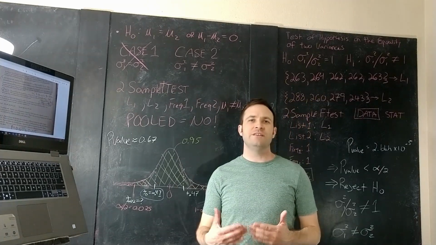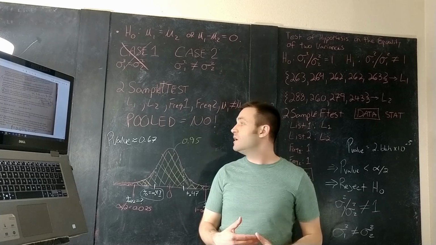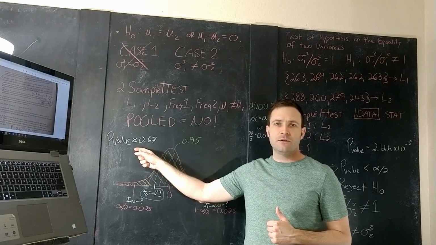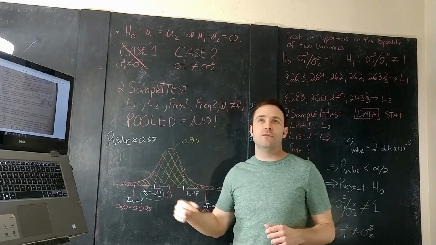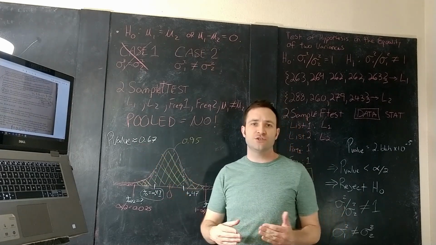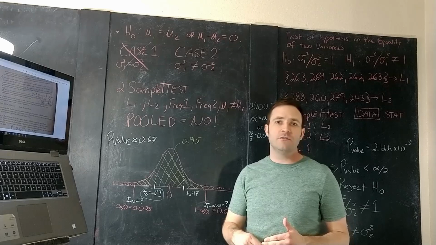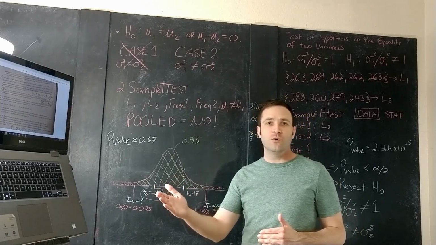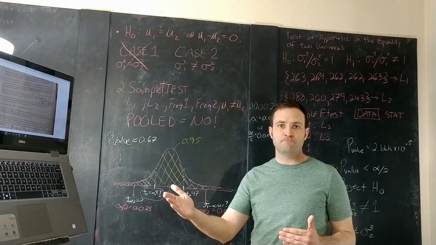Okay, so in the data returned, what do we care about? Well, we care about the p-value, and we got a p-value of 0.67, which is much greater than our threshold of 0.05, which the question stated we needed to use for the probability of type 1 error.